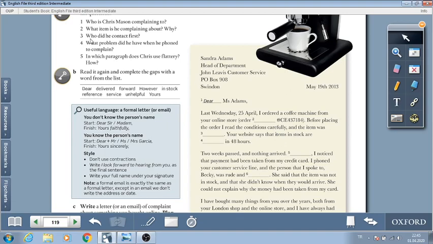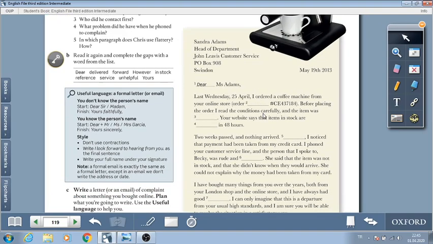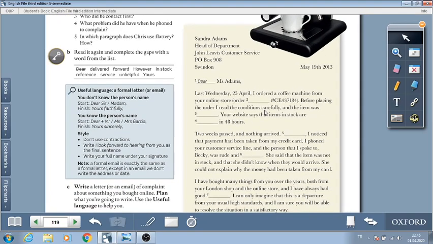And question 3, who did Chris Mason contact first? Who did he contact first? Yes, so he called the customer service line. You see it here, firstly.